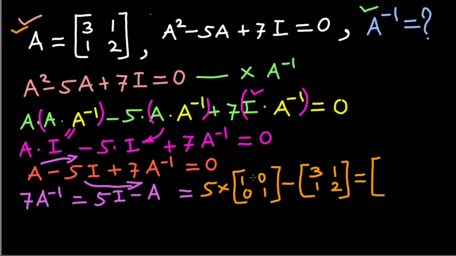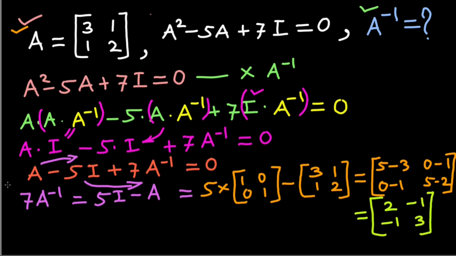So it will be 5 minus 3, 0 minus 1, 0 minus 1, 5 minus 2. So this will be [2, -1; -1, 3]. So 7 A inverse equals this matrix.